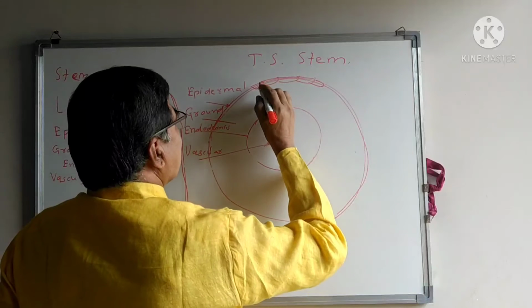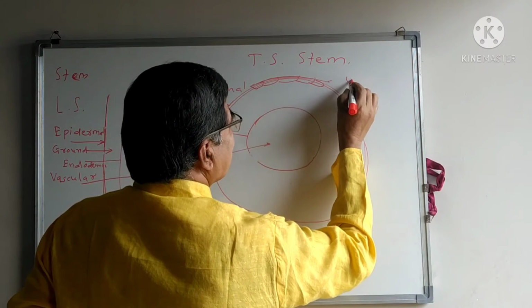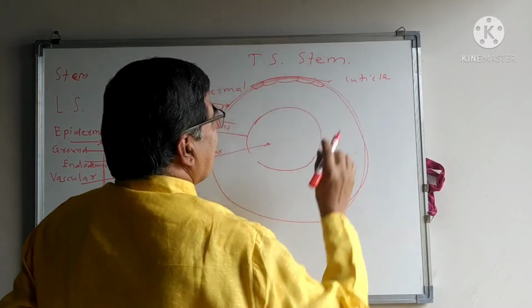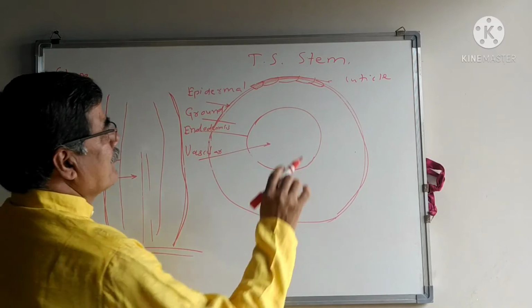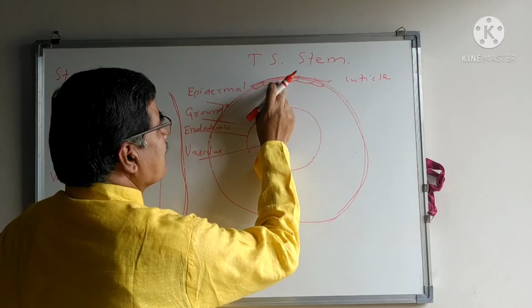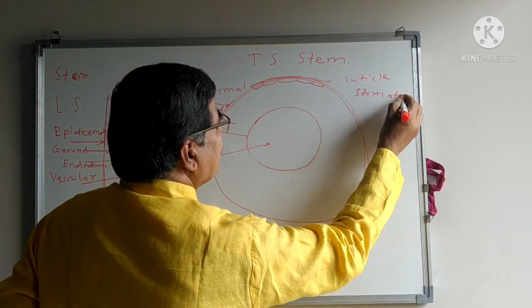In a dicot stem, in xerophytic plants, a thick cuticle is present, and in herbaceous plants, a thin cuticle is present. This tissue is interrupted at some places, forming the stomata.